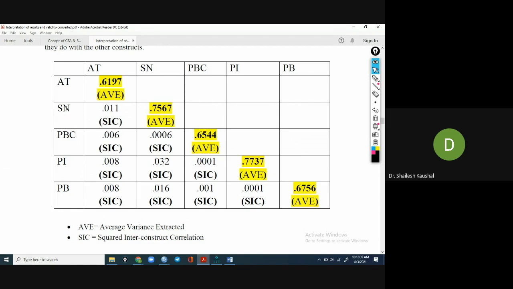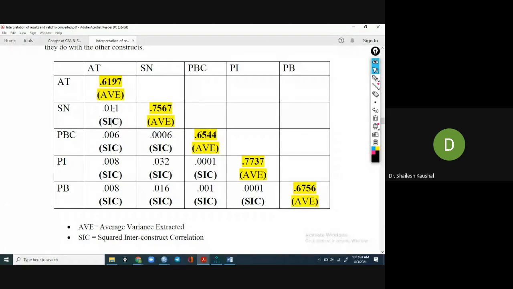First we take the correlation between the subjective norm construct and attitude, and then we square it. So the off-diagonal values are basically squared interconstruct correlations, and they should be less than the average variance expected, AVE.